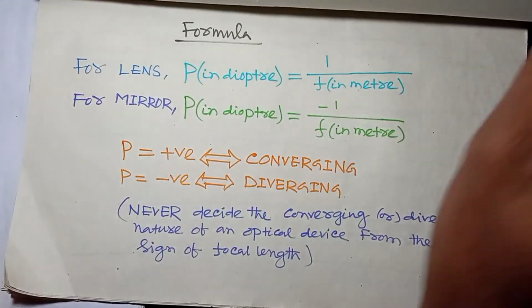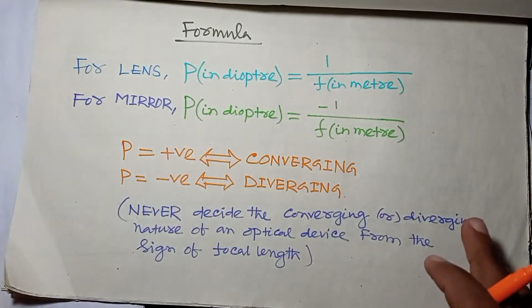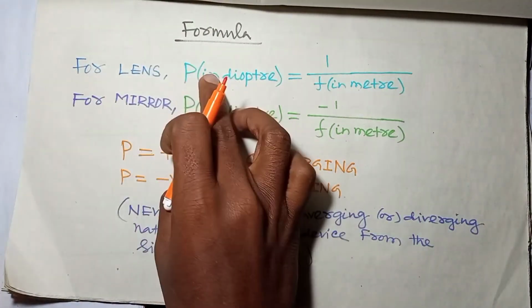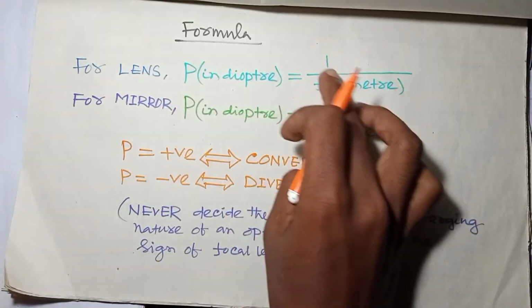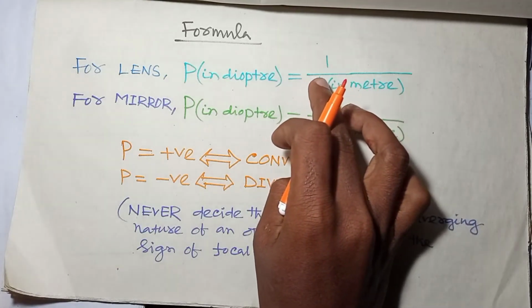So let's see the formula to calculate the power. For a lens, power in diopter is given by 1 upon focal length, and the focal length is to be taken in meter.